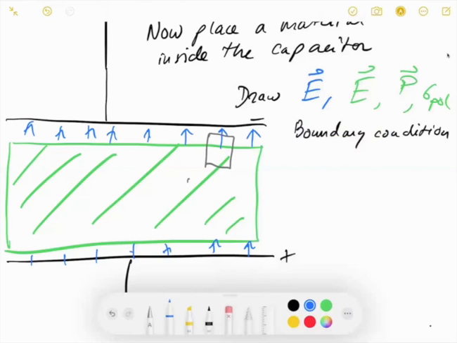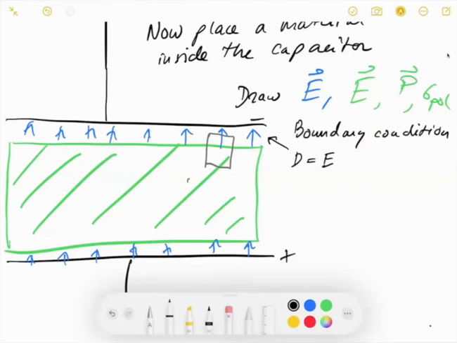Then if the region between the green material and that top plate is vacuum, it means that D is equal to E. So let's call the blue field, field 1.